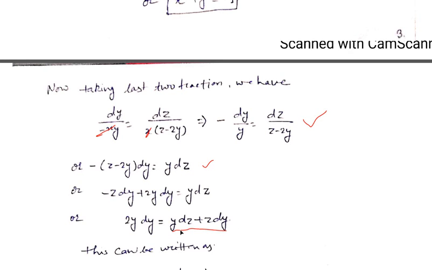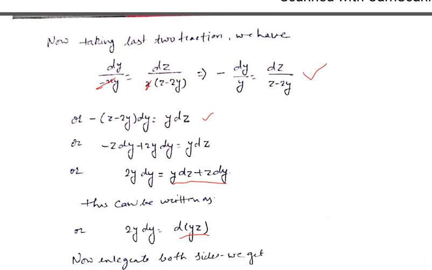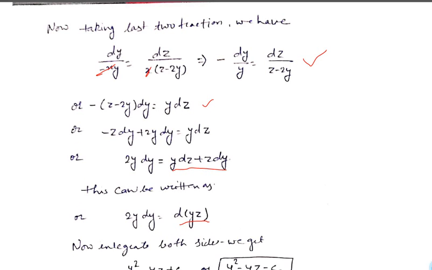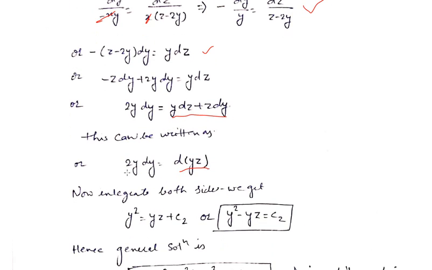So it can be written as the derivative of yz. So further we get 2y dy is equal to d of yz. Now we integrate both sides. Here the integration of y is y square by 2. To cancel out, it becomes y square is equal to yz plus c2, some arbitrary constant.